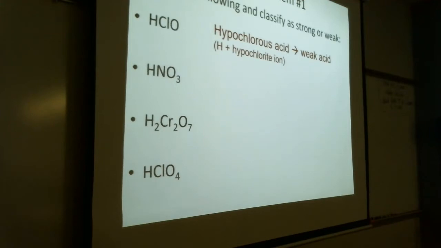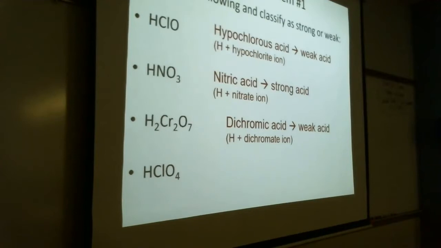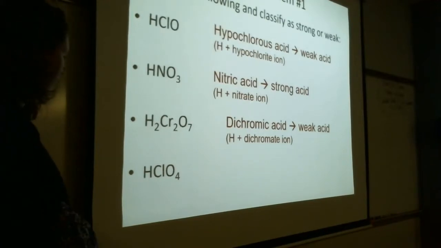HNO3, what's the name of that? Nitric acid. Strong or weak? That one's strong. H2Cr2O7, what's the name of that? Dichromic acid. Strong or weak? It's weak. And then HClO4, what's the name of that?